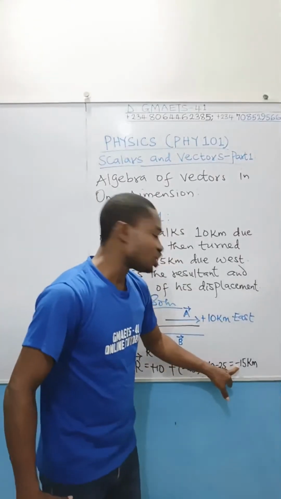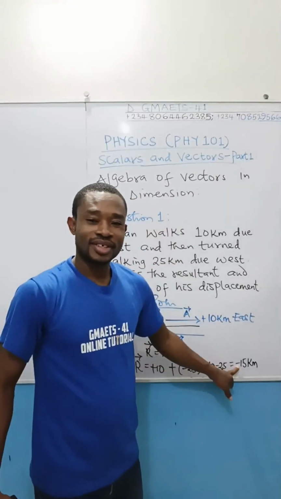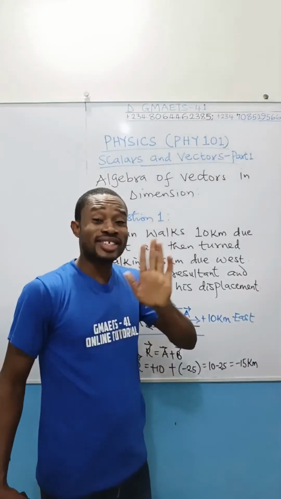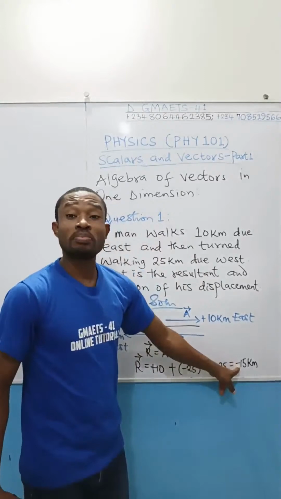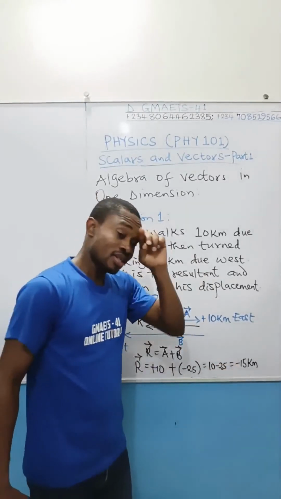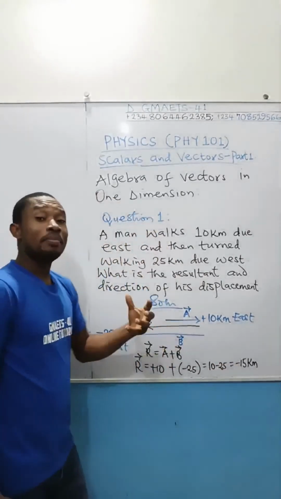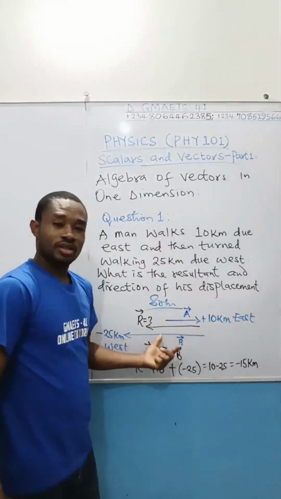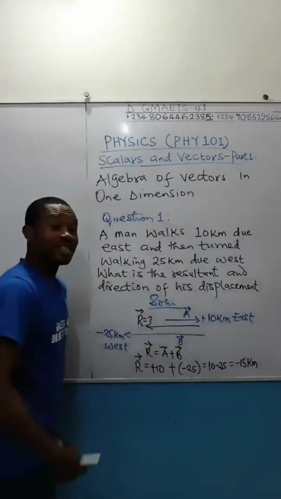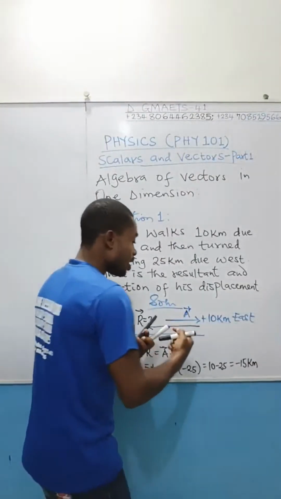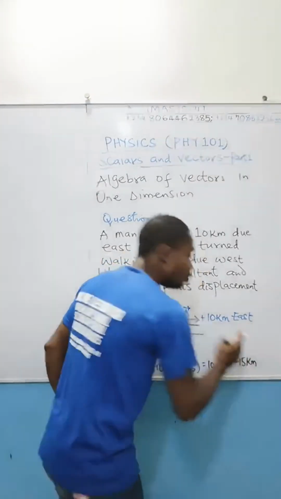What is the implication of this negative? It comes out automatically, naturally on its own. Since the final result gave us minus, it simply means that the man is moving in the west direction, because west is negative. So I will write minus 15 kilometers.